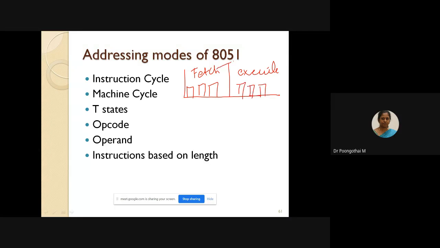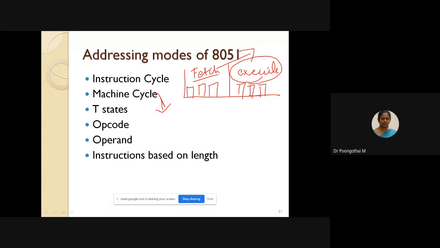Fetch cycle is for fetching the opcodes from your memory, and after fetching the opcode, the execute cycle is used to execute your instruction. Okay. Next one is the machine cycle.